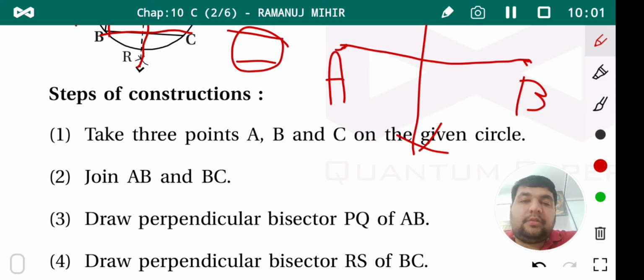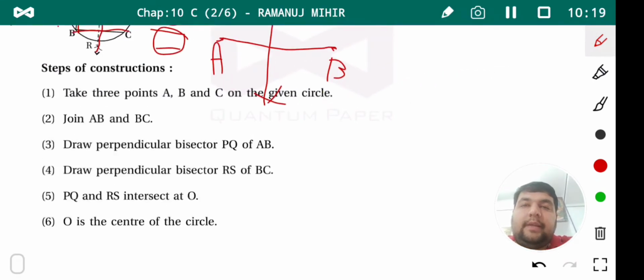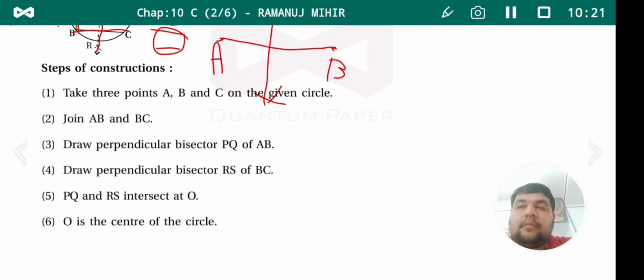So these are the formalities of the steps, and now what will happen? PQ and RS will intersect at point O, and now O will be the center of the circle. I think it is clear to everyone.